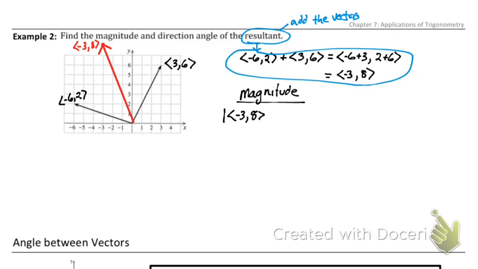So the magnitude of vector negative 3, 8 is going to equal the square root of a squared, which is negative 3 squared, plus b squared, which is 8 squared. Negative 3 squared is 9. 8 squared is 64, so it's going to be the square root of 73, and we're going to stop there. That is going to be my magnitude, because there's no perfect square that goes into 73, not that I know of.